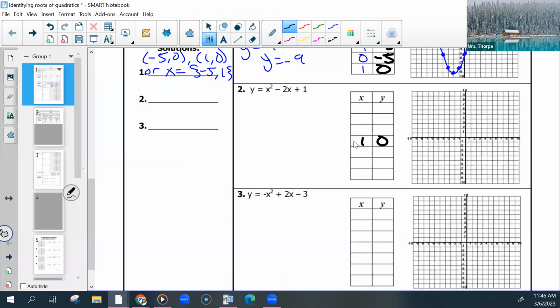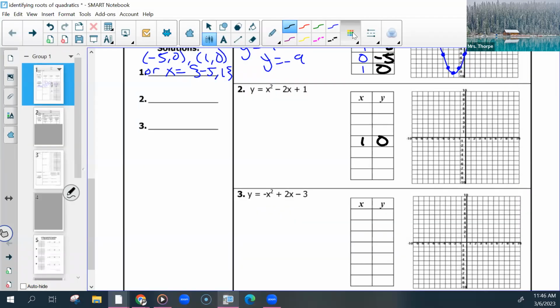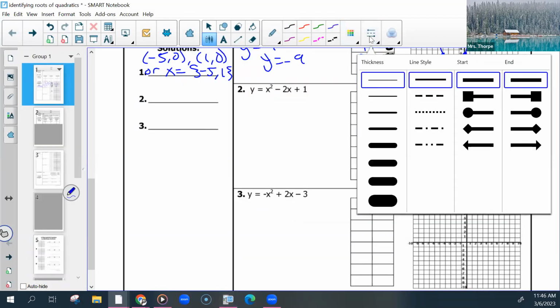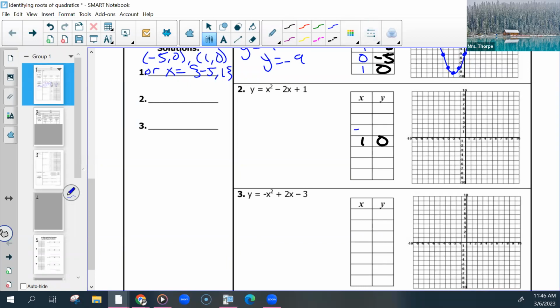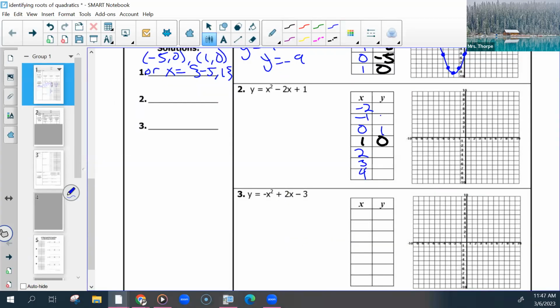And then fill out the rest of your table. We have 1, 4, 9, and then it repeats. So we would take all those points and graph it.